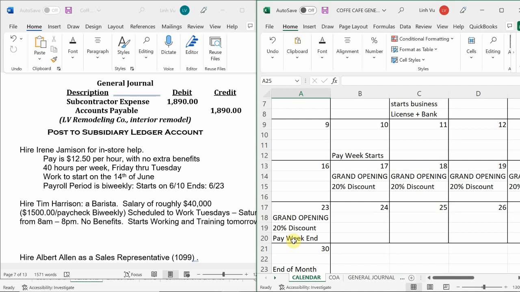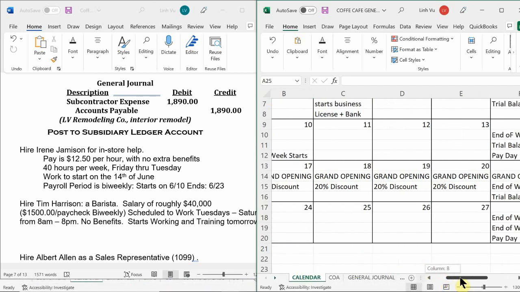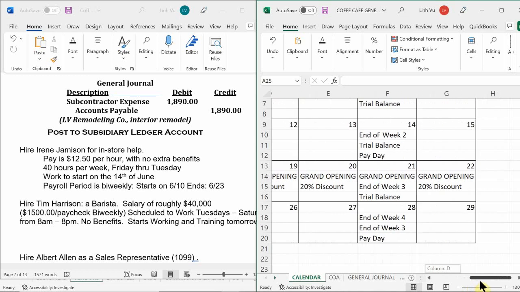We need a couple days to process the information, collect all the information we need from her, and be able to process her paycheck for her to have it available on Friday, the 28th of June. So as you can see, payday is right there.